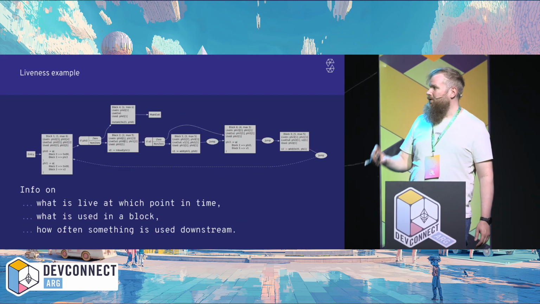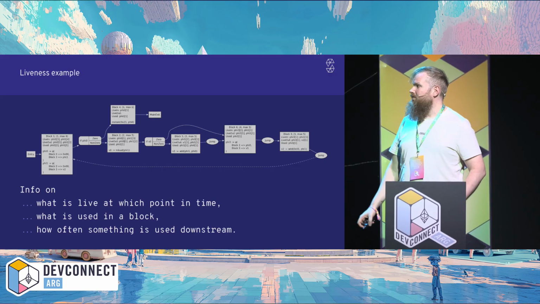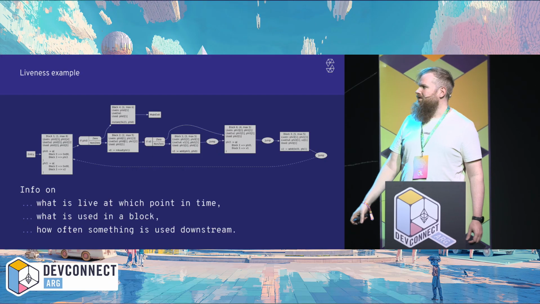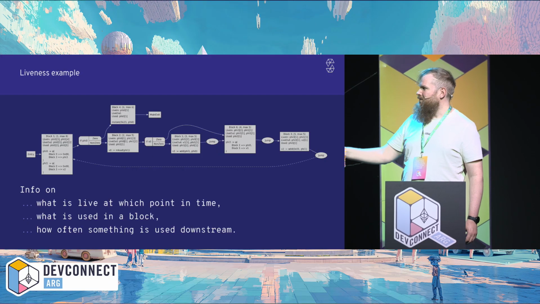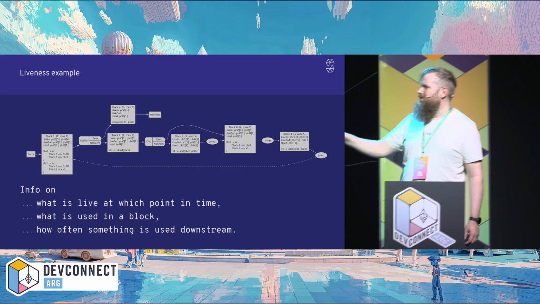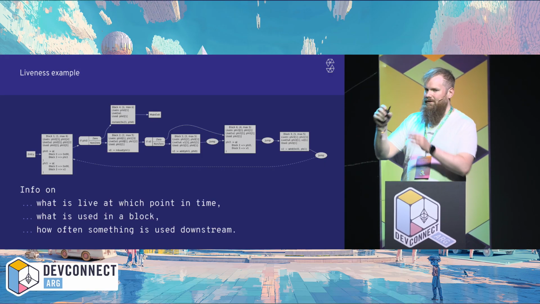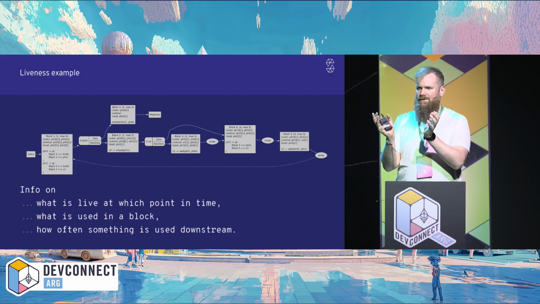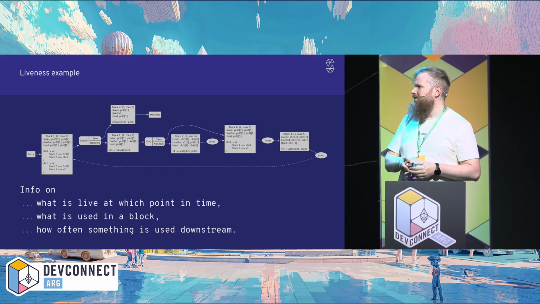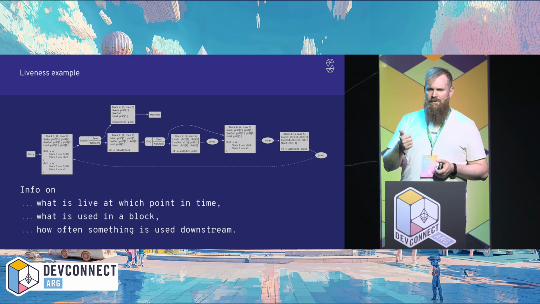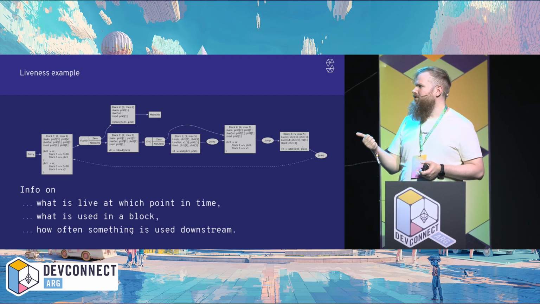Okay, so what is liveness? This is the example we had before, just a bit more complicated. In these graphs, let's look at block 6, the second from the right. We have something that says live in, then phi 3, and then in angled brackets, 2. That means there is a variable phi 3 going into block 6.